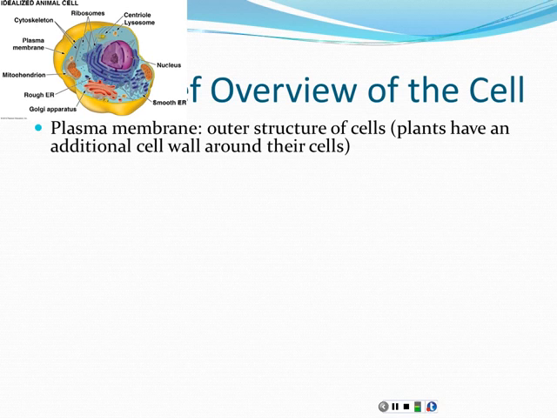Is it a carbohydrate, a protein, or a lipid, or a nucleic acid? It's not a carbohydrate. Not a protein. It's a lipid, okay? Which lipid? It's a phospholipid. So the phospholipid bilayer makes up the plasma membrane, okay?